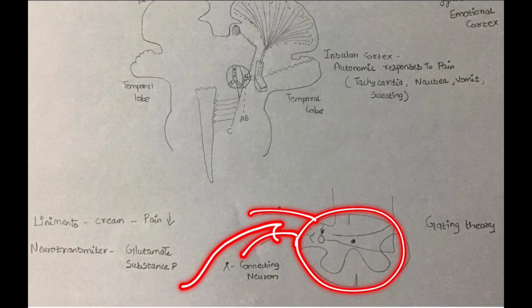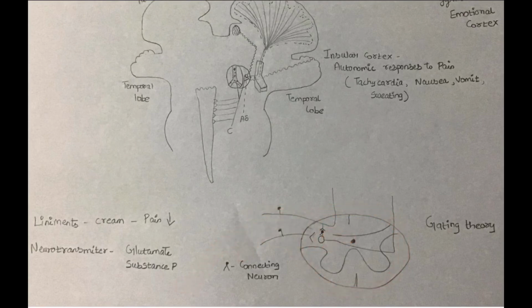It will meet the first order neuron and it will enter the spinal cord and meet the second order neuron, right? And we have also discussed in the dorsal column system that the sensory nerve fibers enter the dorsal root, meet the first order neuron, and go to the dorsal column and upwards.